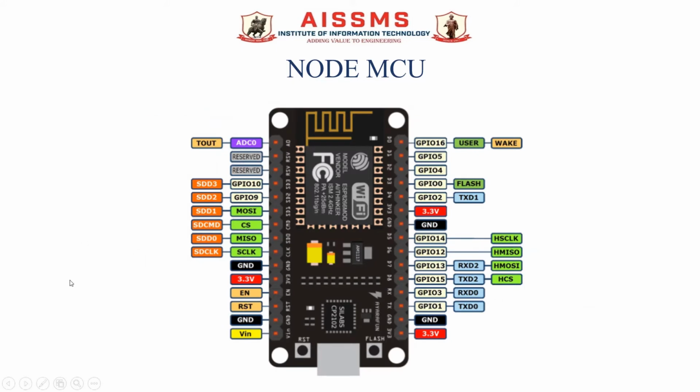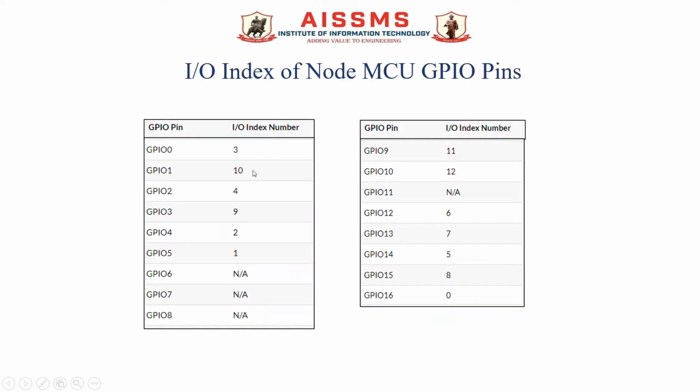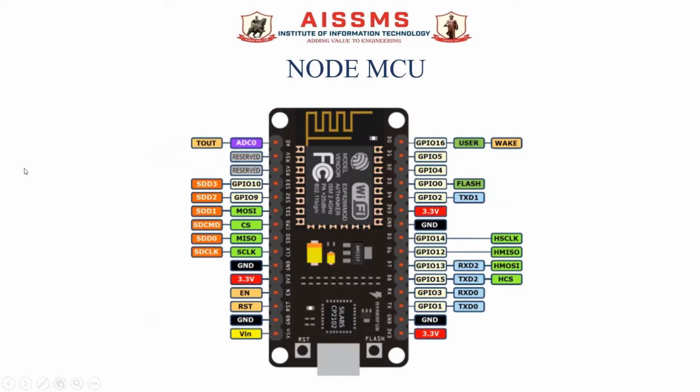In this diagram, you can observe the pin configuration of NodeMCU. This is the ADC0 pin for the internal ADC which is available on board. These two pins are reserved. General purpose IO pins are available.